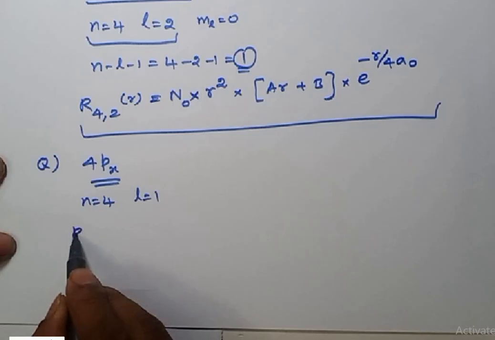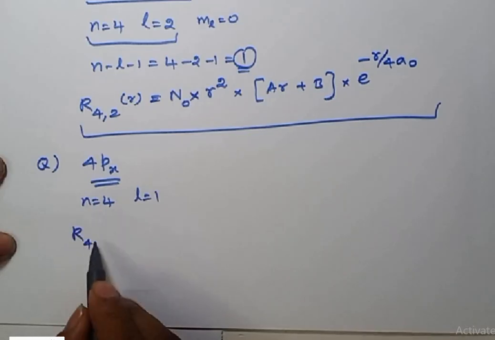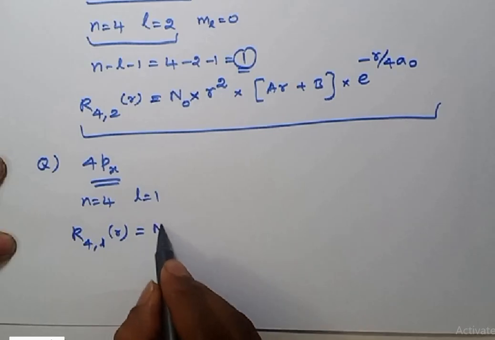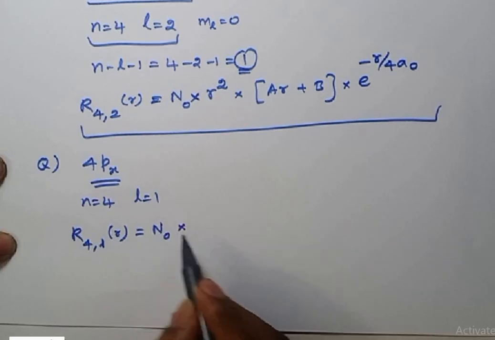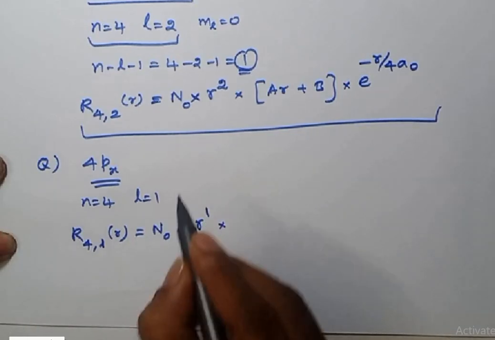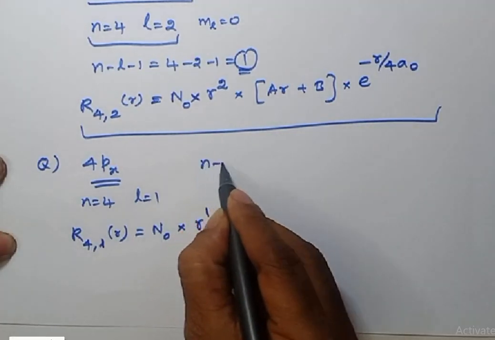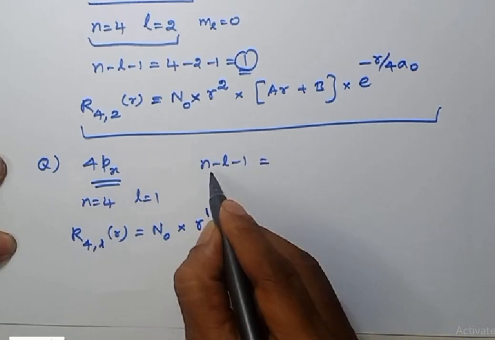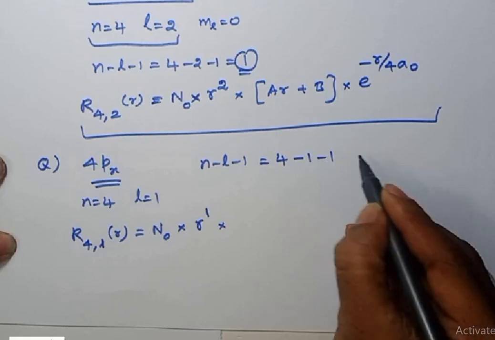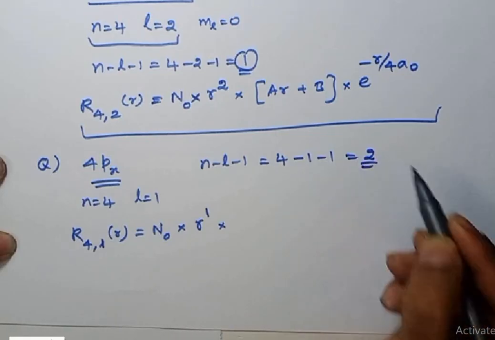Now, the radial part for n value 4, l value 1 is equal to a normalization constant N0 into r to the power l, so r power 1. Then we need to find n minus l minus 1. n value is 4, l value is 1, so 4 minus 1 minus 1 gives 2.